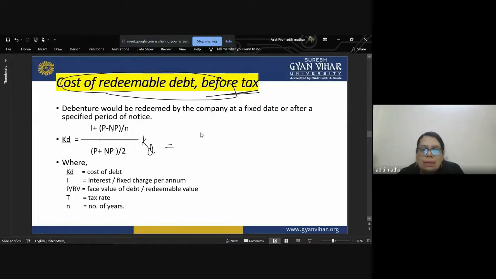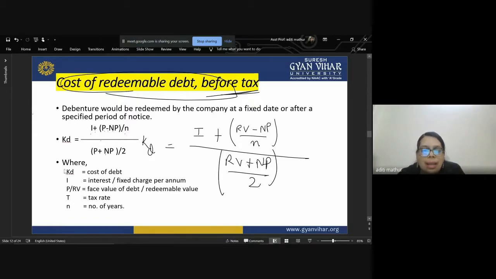So your KD is equal to interest plus redeemable value minus net proceed divided by n, whole divided by redeemable value plus net proceed divided by 2.